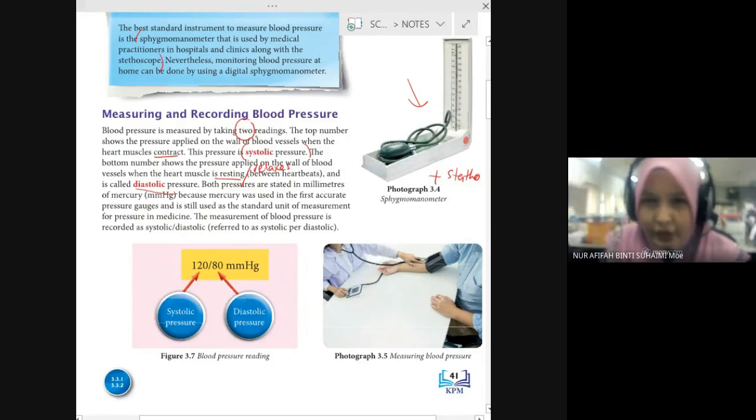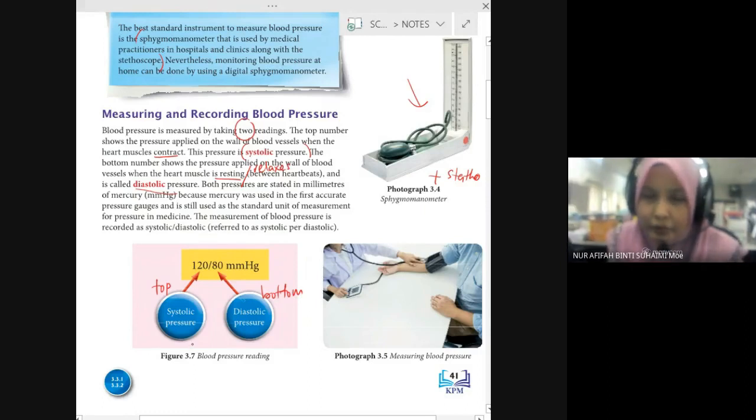We have two readings, top and bottom. The top number is systolic pressure. The bottom number represents the diastolic pressure. Systolic, diastolic.